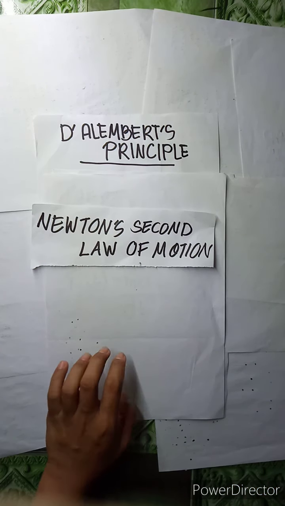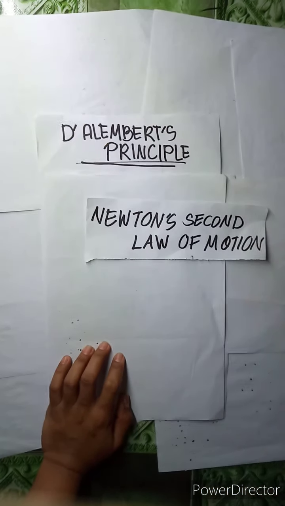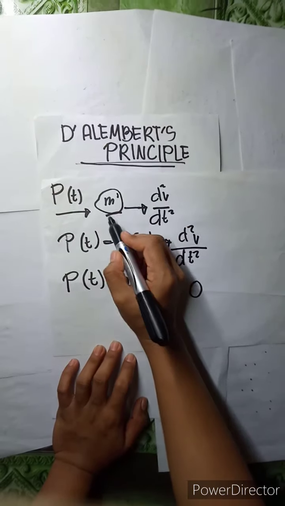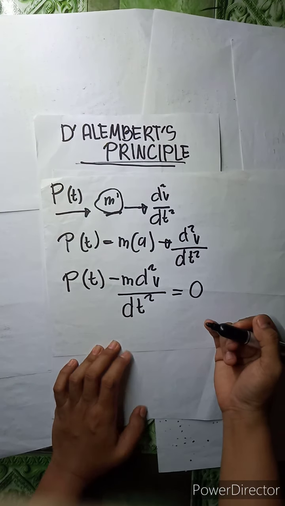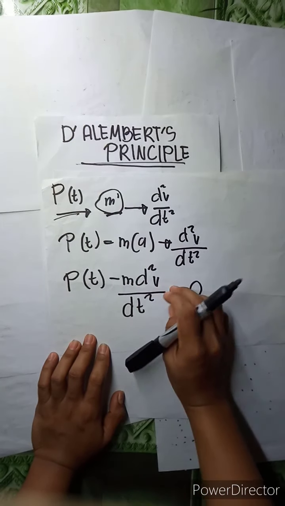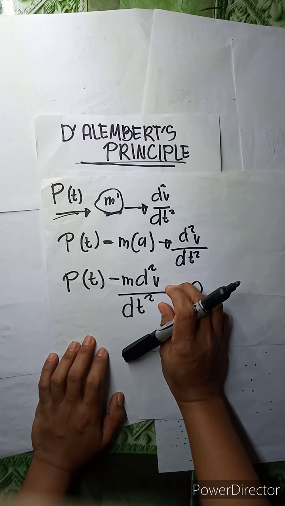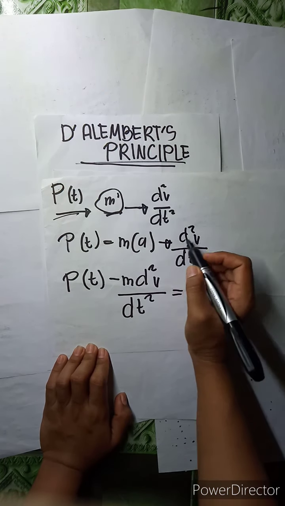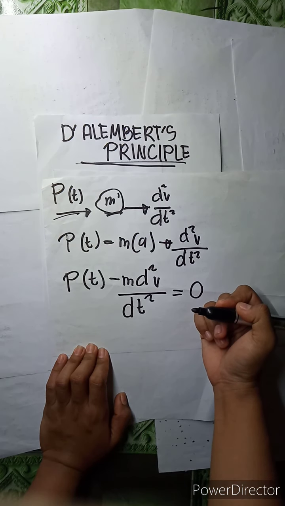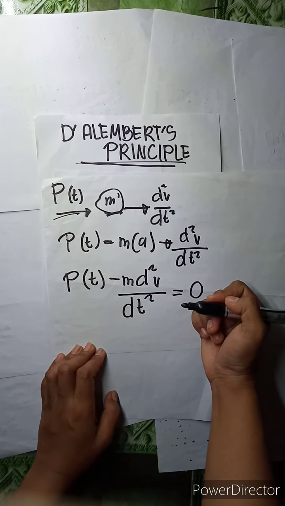And the first law is D'Alembert's principle. Suppose we have a mass, then we have the unbalanced force as a function of time that influences the mass, and the mass will move and accelerate as a function of time.